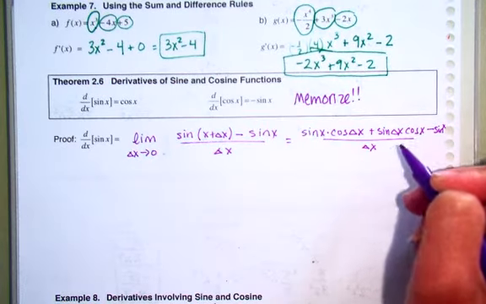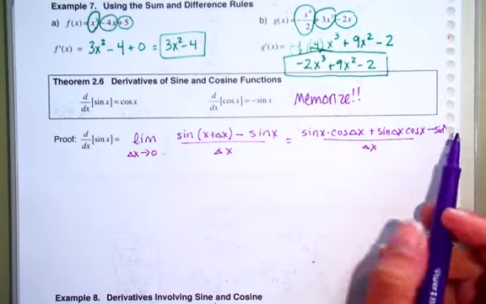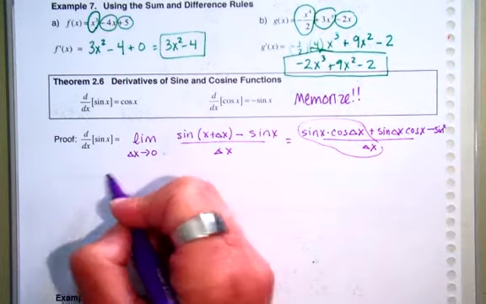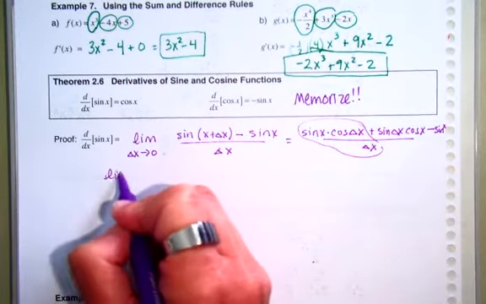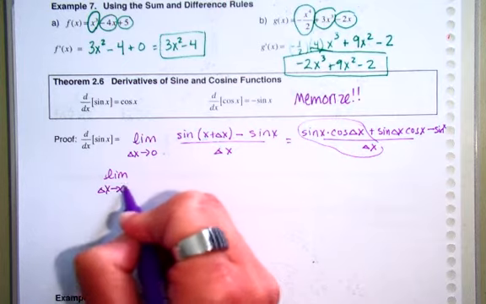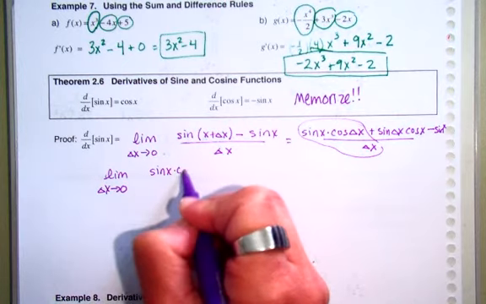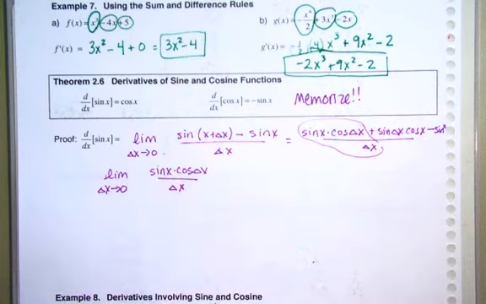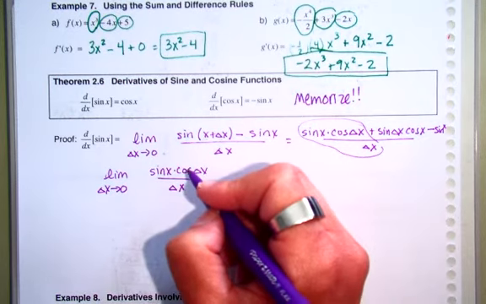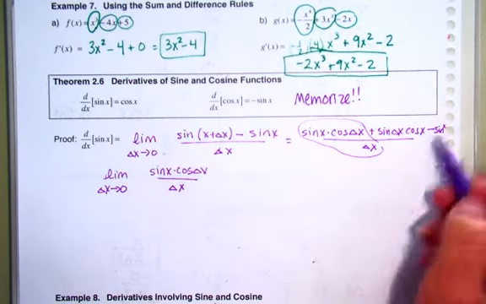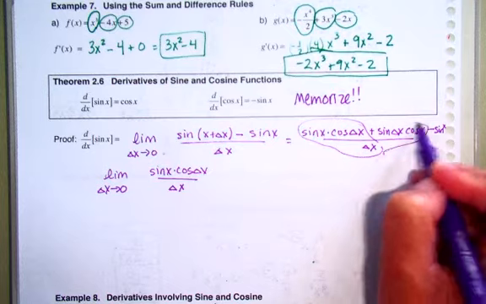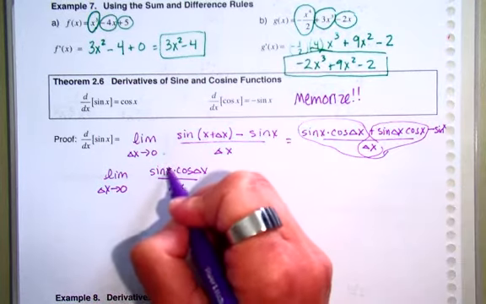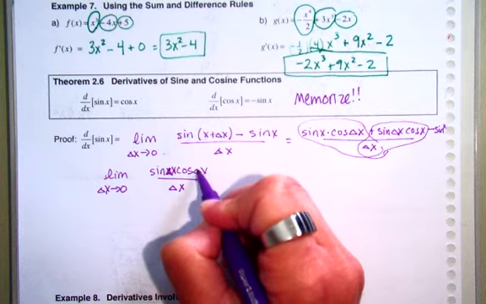And then we're going to split this up a little bit. I'm going to split up the first part here, the limit as delta x approaches 0 of sine of x cosine delta x over delta x. Oh whoops, I split up the wrong part. I wanted to just split up this middle part, sine of delta x times cosine of x.